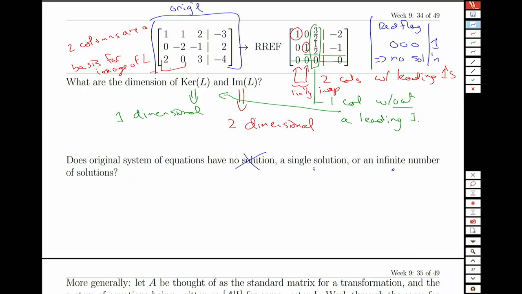We can answer that also, because if there's a single solution, that means our function was injective. And one of the criteria for a function being injective was that the kernel of L is only equal to the 0 vector.